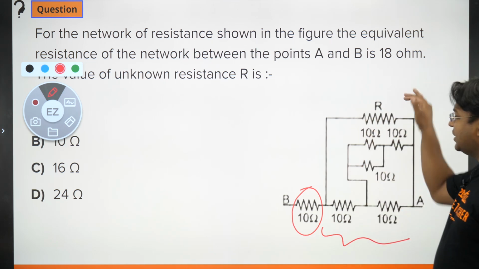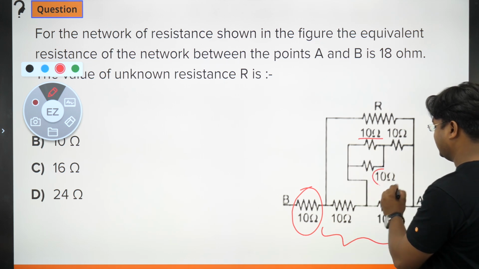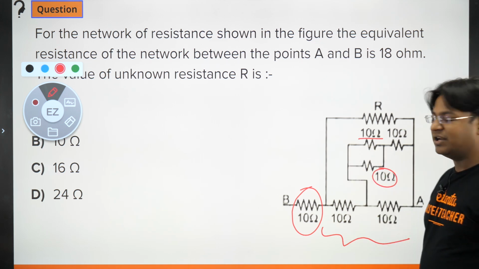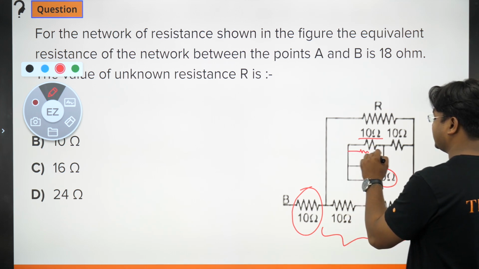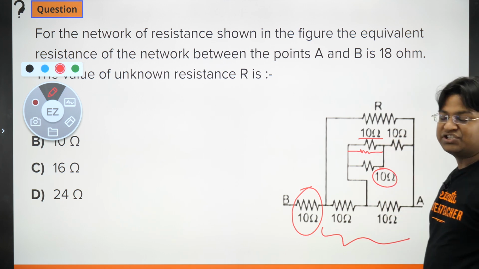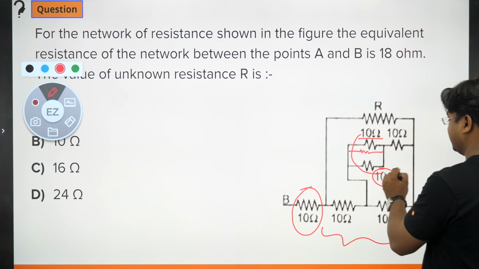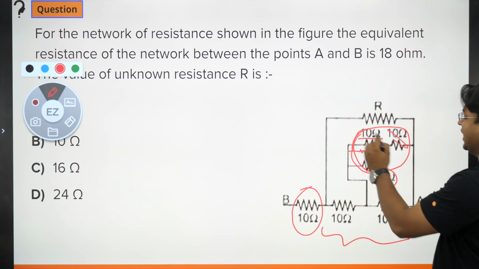All right, now let's start from this side. This 10 and this 10 are connected parallelly, so they should become 5. Now this 5, the single 5 that we draw here, with 10, is connected in series, so it is going to become 15. So this entire branch ends up as 15.